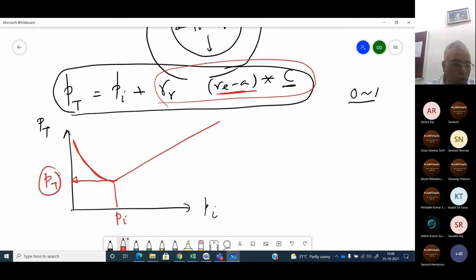Okay, so for the total pressure required, we can optimize how much Pi is required. See, as I told you, the Pi will come from the support system, like rock bolt. I told you, some lining, either shotcrete, concrete, whatever lining.